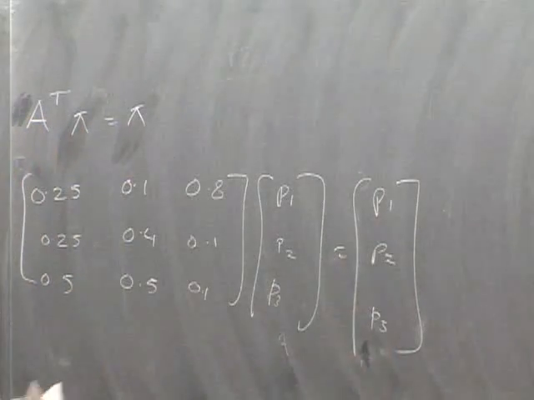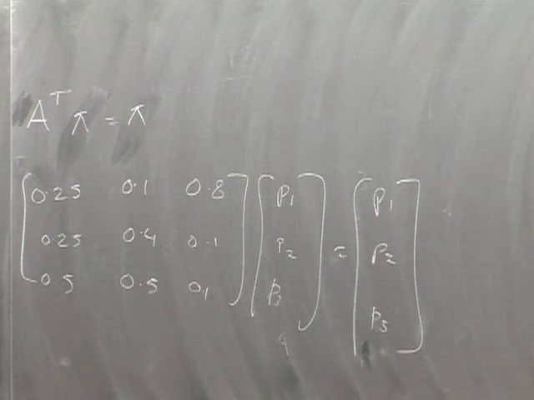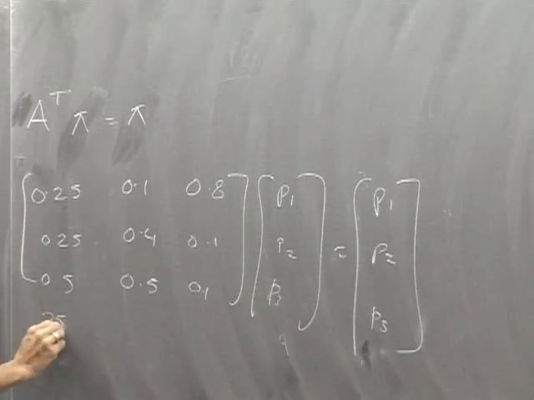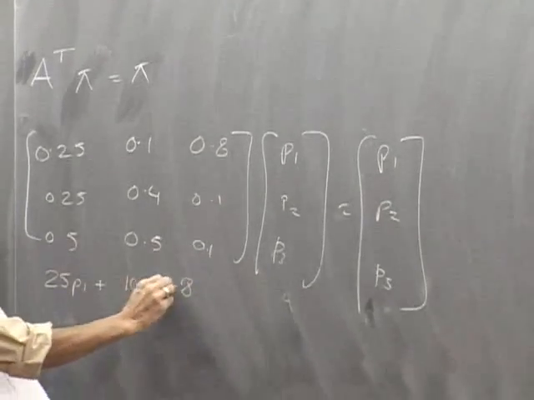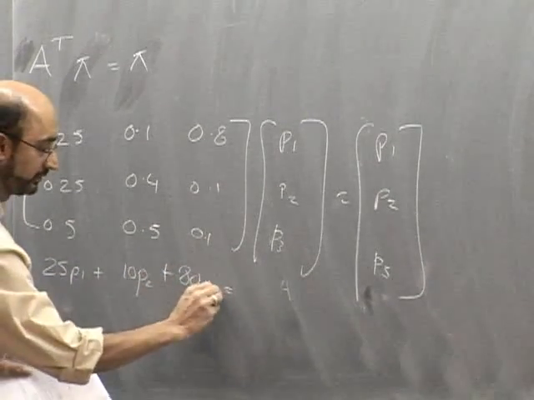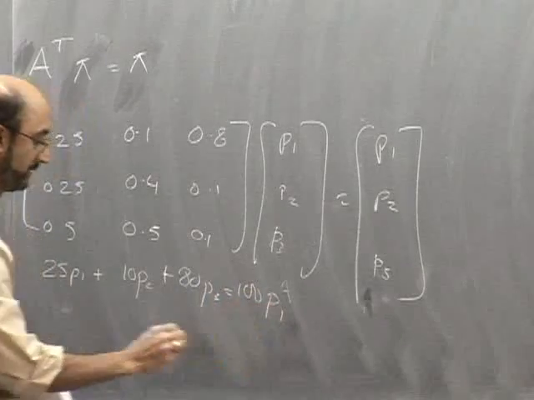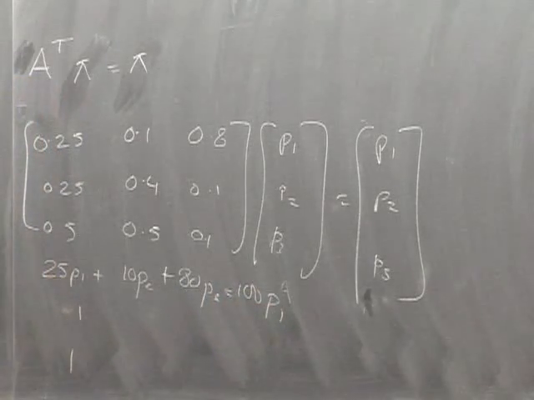One easy way to do it is to multiply everything by 100. So you get the equation 25 P1 plus 10 P2 plus 80 P3 equals 100 P1, etc. You move P1 over, you get the system of linear equations, and you can solve it.